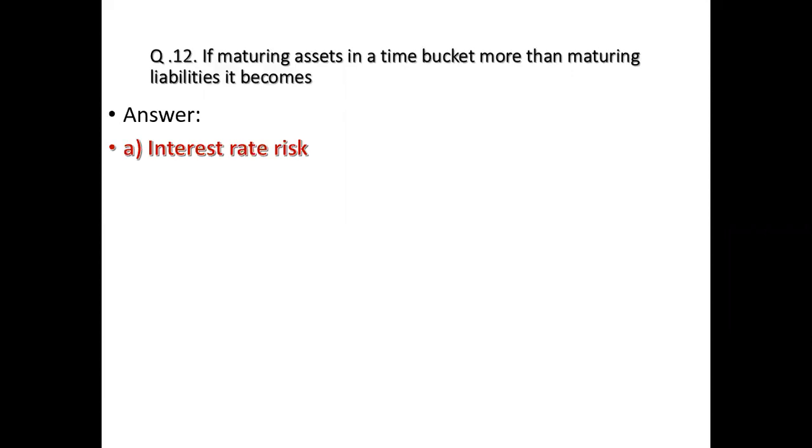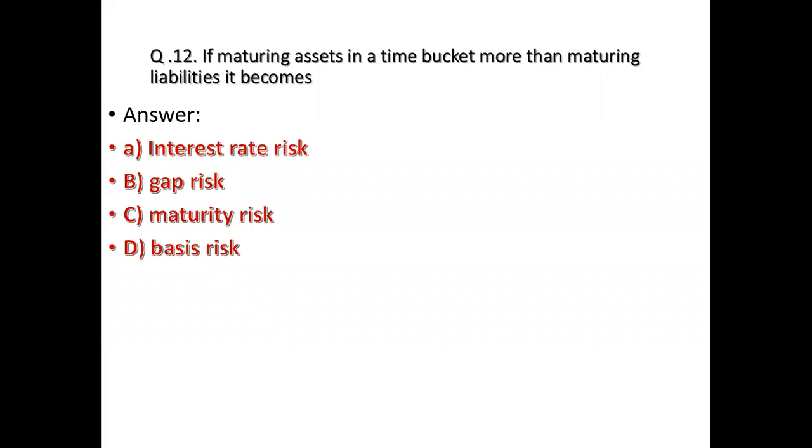Now, if maturing assets in a time bucket are more than maturing liabilities, which risk is it? They will ask. It is not interest rate risk, it is not maturity risk; it is called gap risk. In the same bucket there is a gap between outflows and inflows.